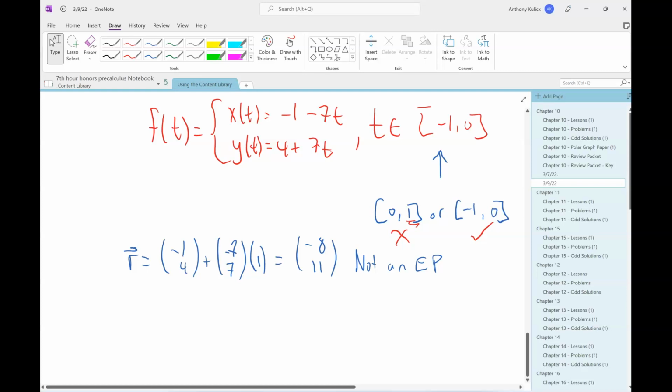So at most, all I need to do is check either 1 or -1. It doesn't matter which one you do, because if it works, it's that one. If it doesn't work, it's the other interval. So you don't actually even have to check all the endpoints. You just need to check either 1 or -1, and immediately you can tell which interval you need, which is pretty nice, right? That's an easy check to do.